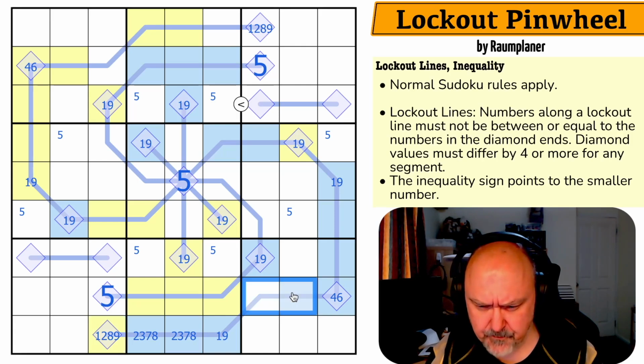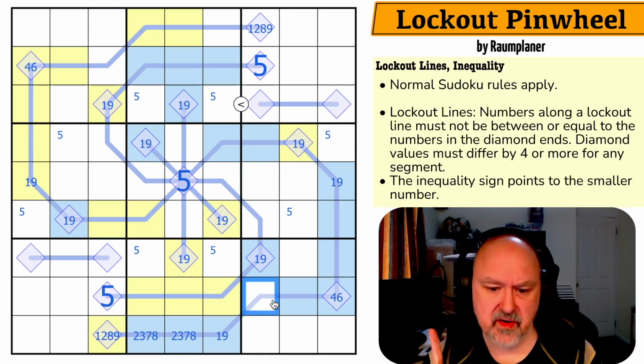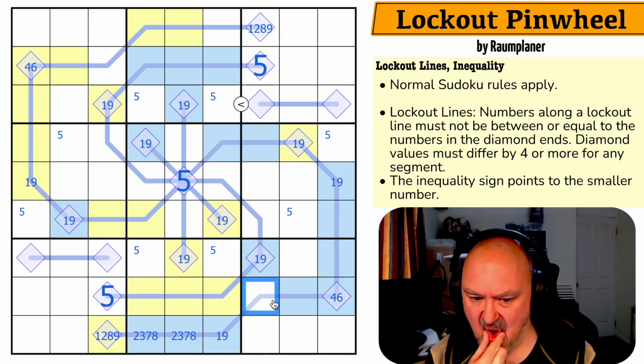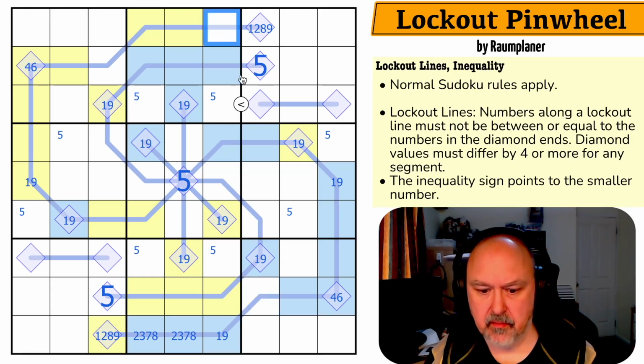And this is the same? Because here's the blue 1, 9. So this has to be 2, 3, 7, 8, doesn't it? Because if this is 6... No, I could still put the yellow 1, 9 there. But this now has to be yellow.